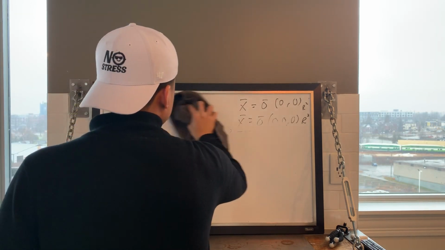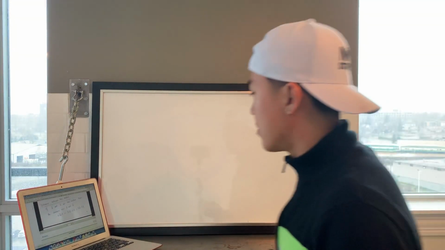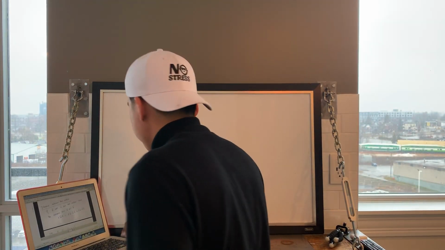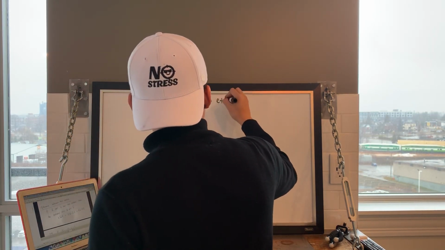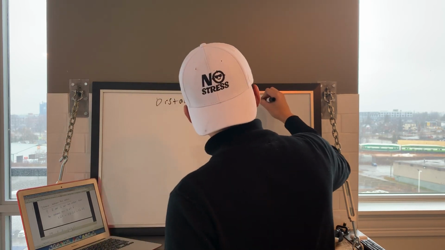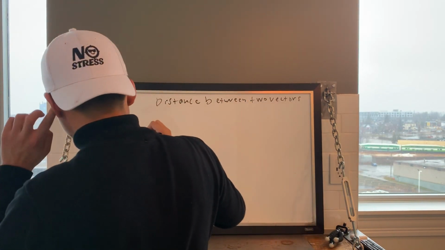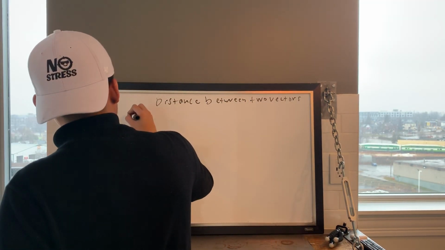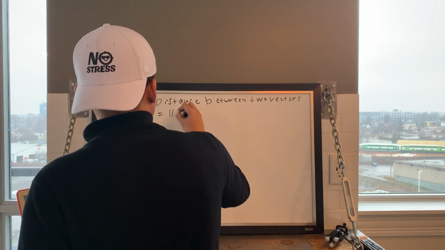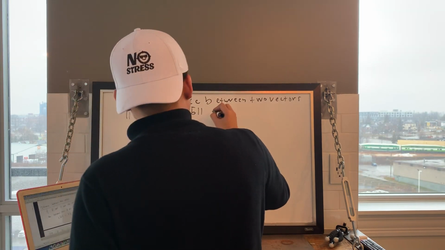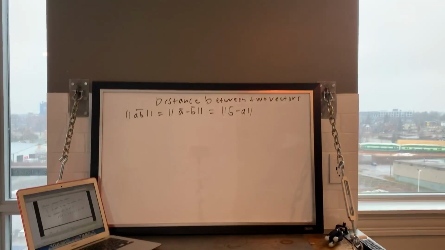The distance between 2 vectors AB would equal the length of A minus B, which also equals B minus A, because you're taking the absolute value basically.